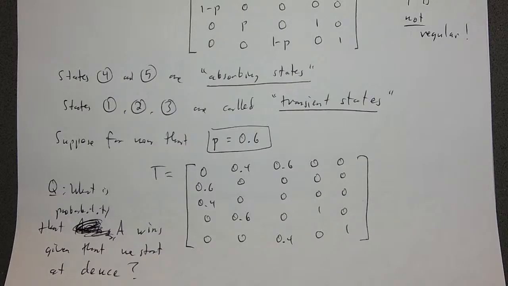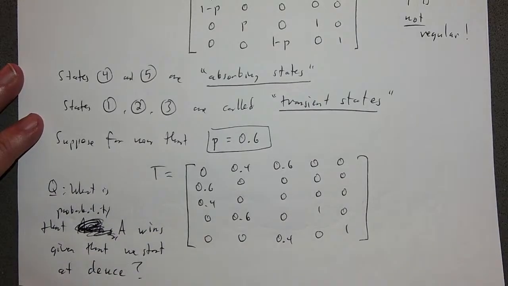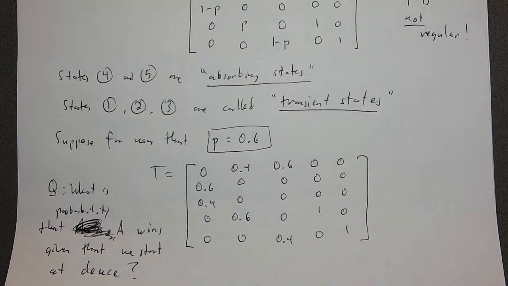Now, if T were regular, then what we would do right now is search for our steady state vector, and we're done. Our initial vector is starting at deuce, so we know what the initial vector is. We would find the steady state vector in question and be done. But because T is not regular, we can't do that.